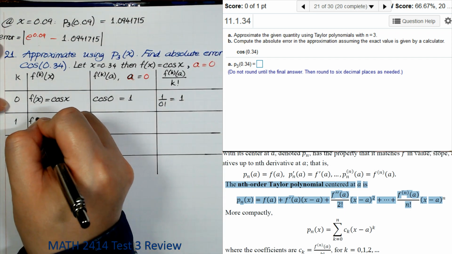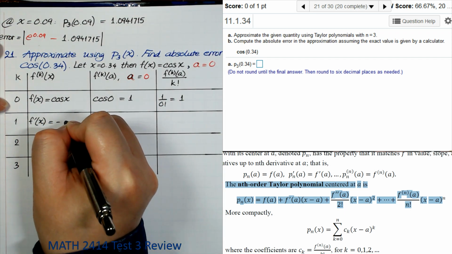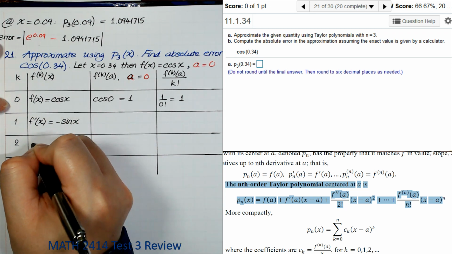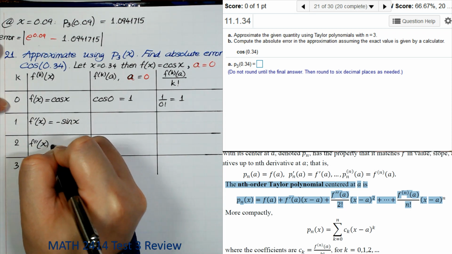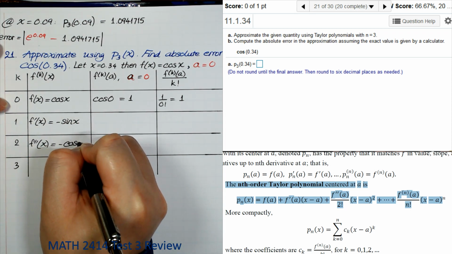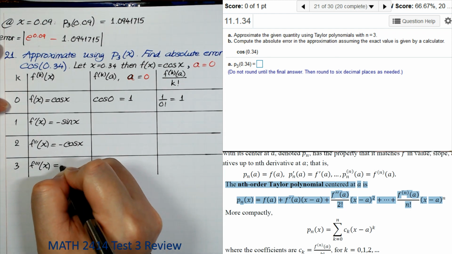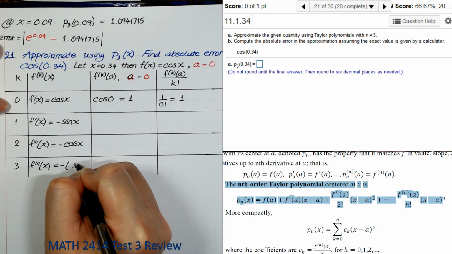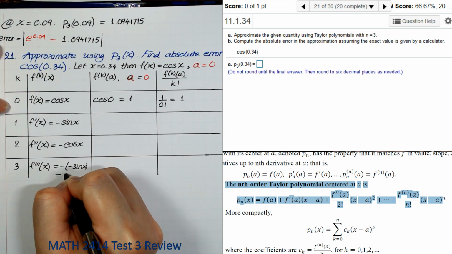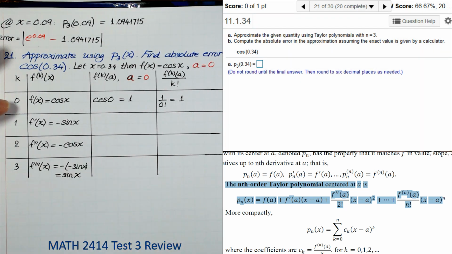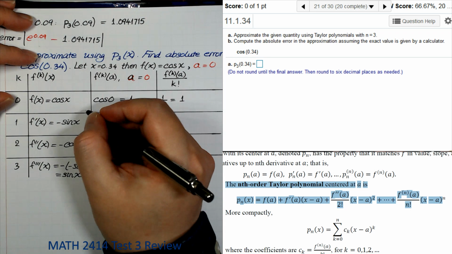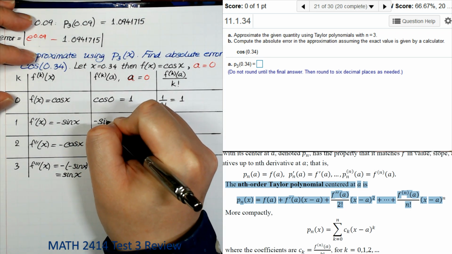Right, let's just take derivative. Negative sine x. Derivative again. Negative cosine x. Derivative again. Negative sine x, which is sine x. Once we get used to it, we can just do this table any way we want to.